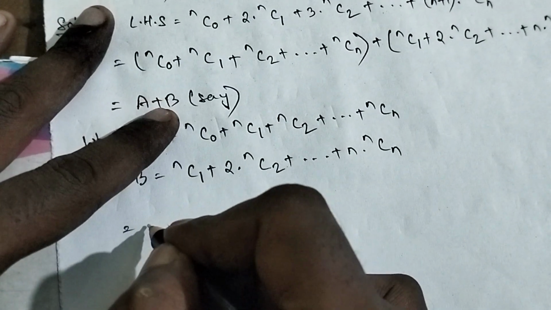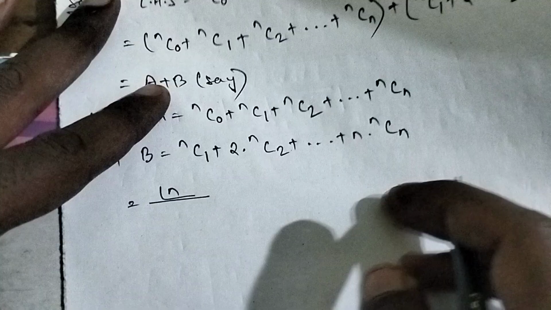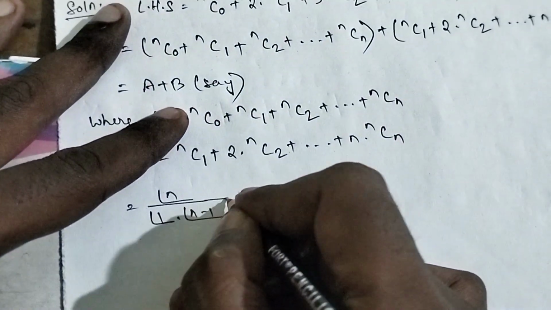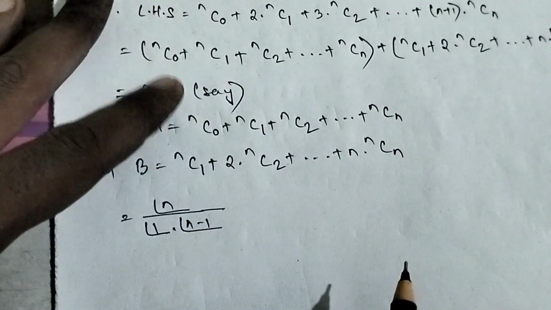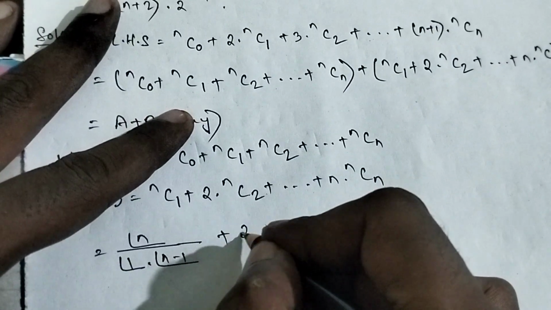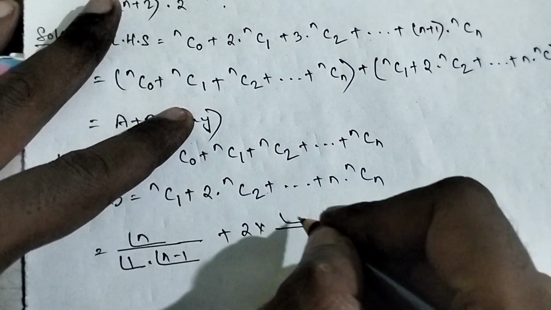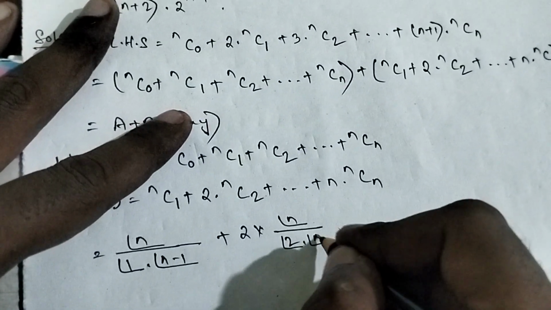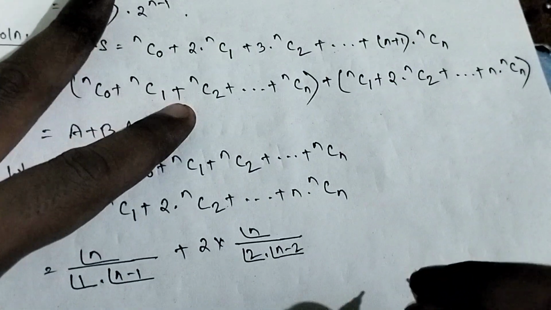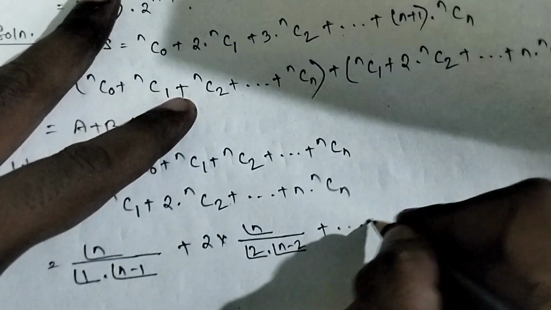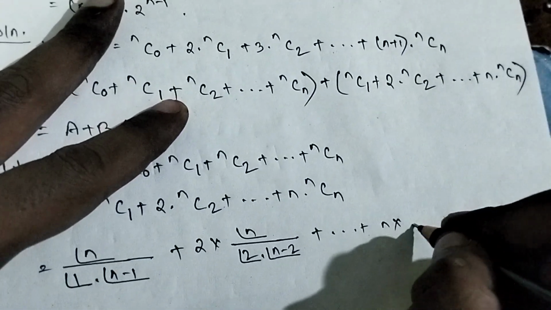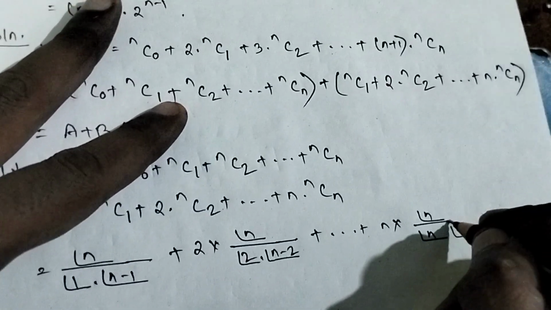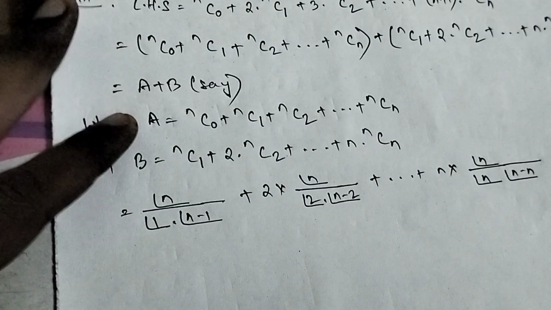nC1 means n factorial by 1 factorial into (n-1) factorial, plus 2 into n factorial by 2 factorial into (n-2) factorial, and so on, plus n into n factorial by n factorial into (n-n) factorial.